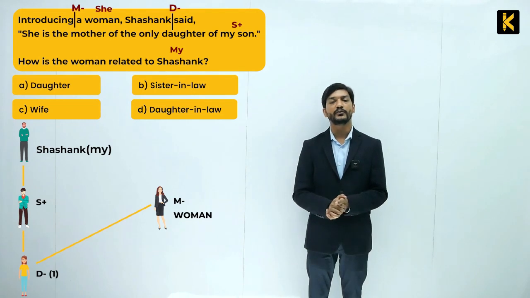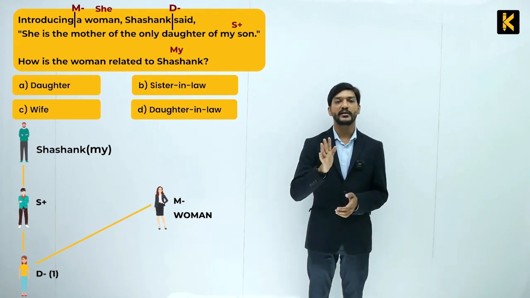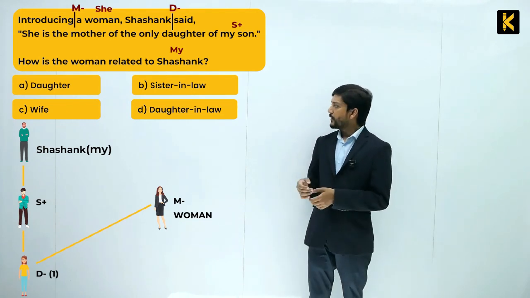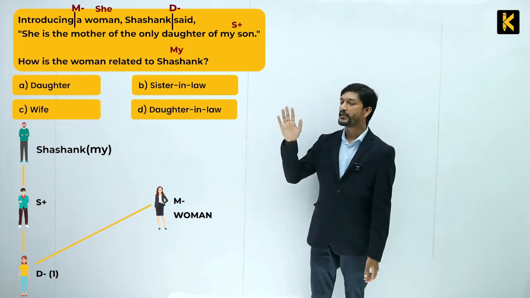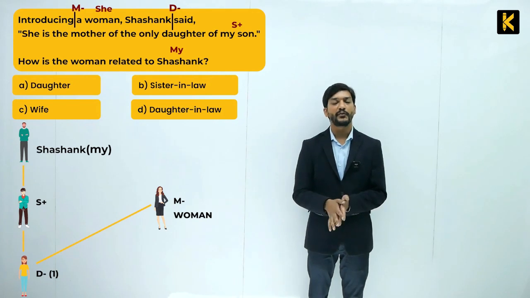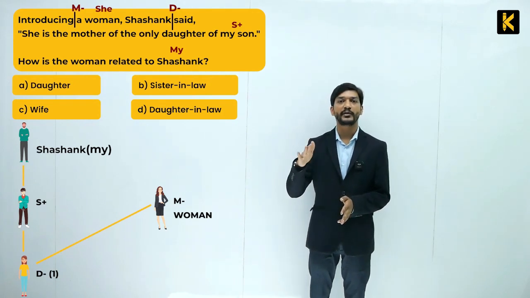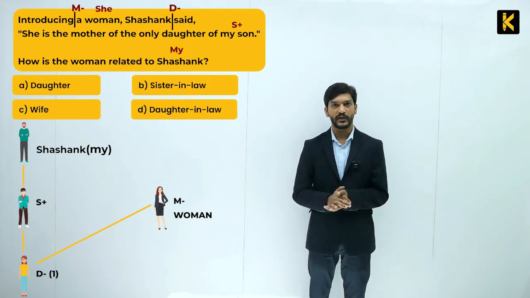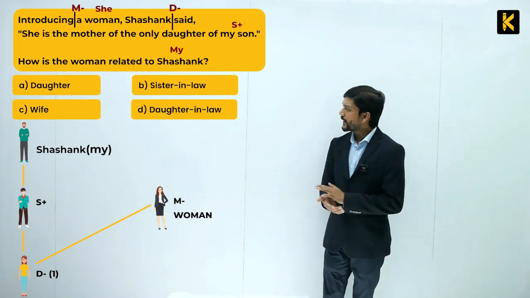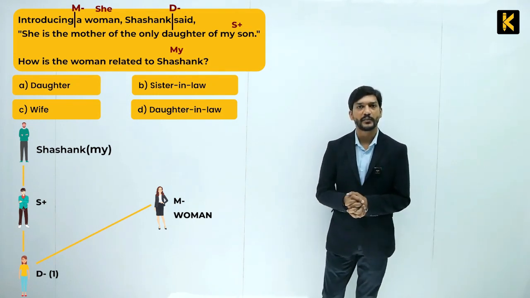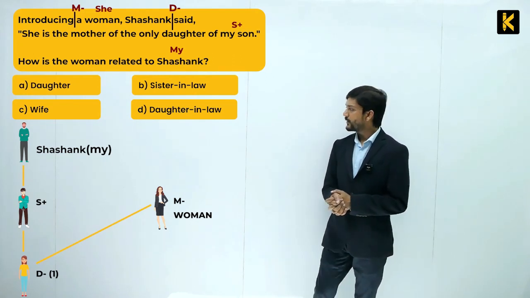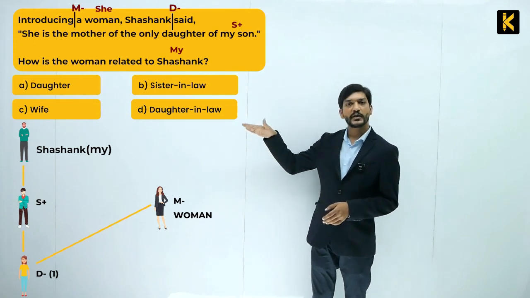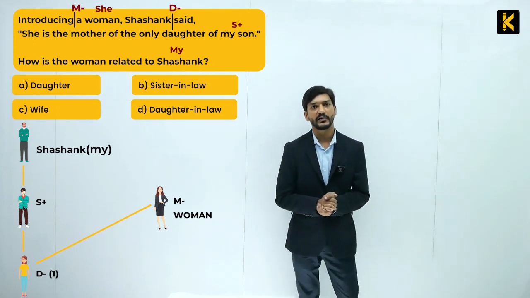So now we have to find the missing relations. The woman is M minus and Shashank is already there on the top. We have to find what is the relation between those two persons. First tell me what is the relation between S plus and M minus. You will realize that the person mentioned on the bottom is D minus.